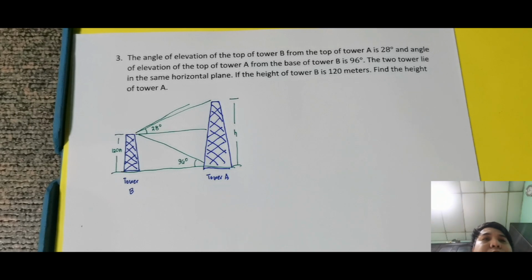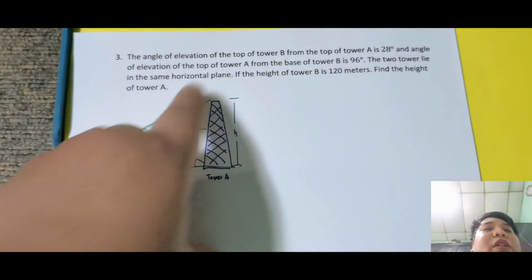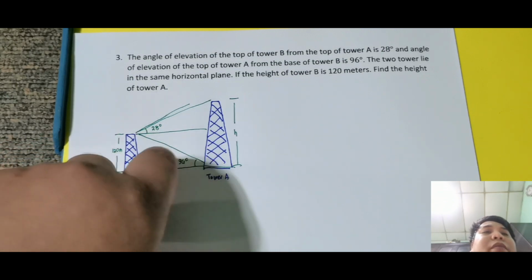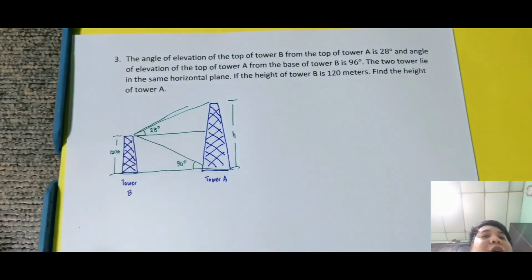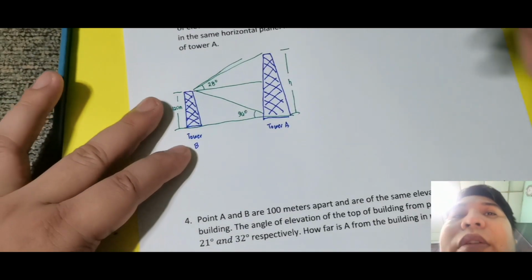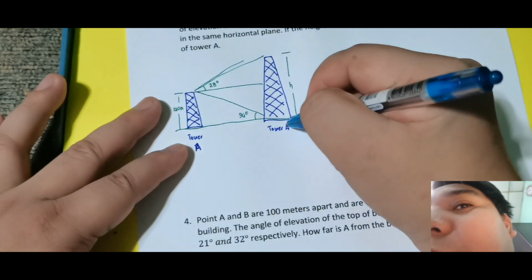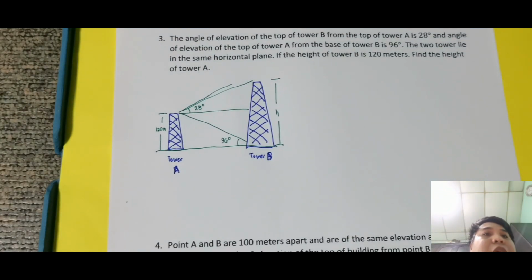Again, yung word na from. Pagdating dito, the angle of elevation from the top of tower A, from the base of tower B, baliktad. Okay, so dapat ang drawing, ito ay A. Sorry, nalito ako. Then ito yung B. So obviously dito, ang mas malaki pala, ang tower B.